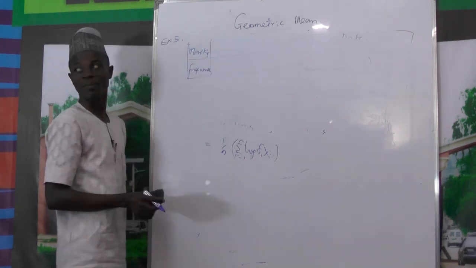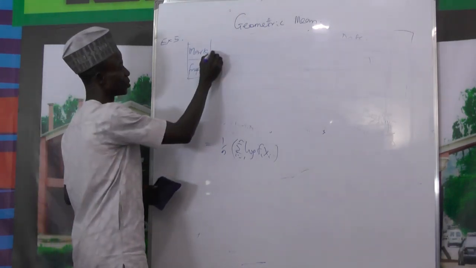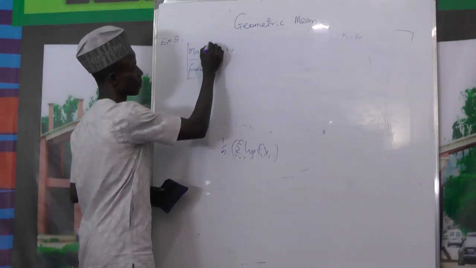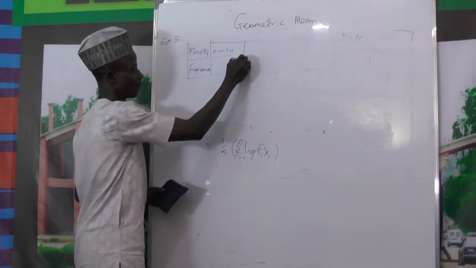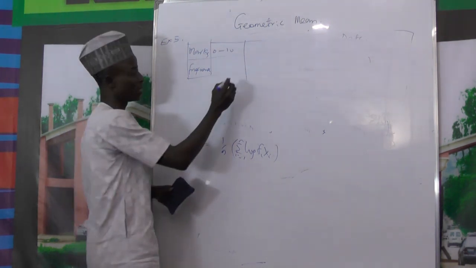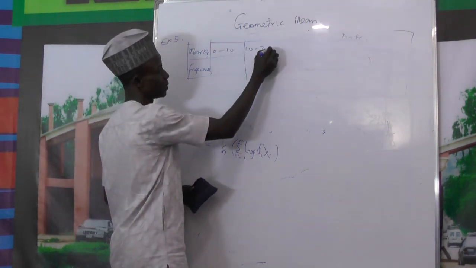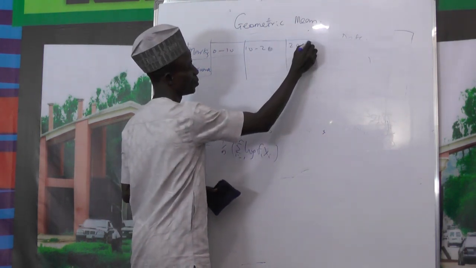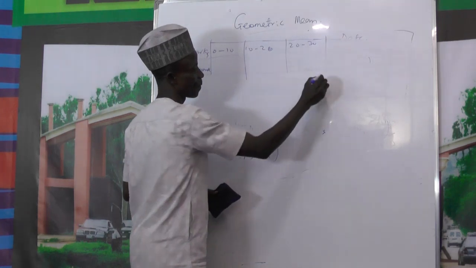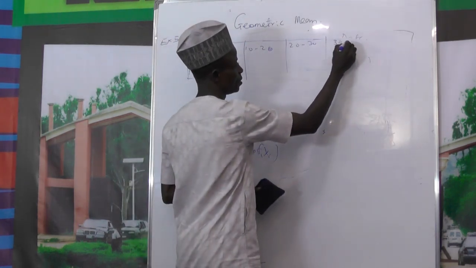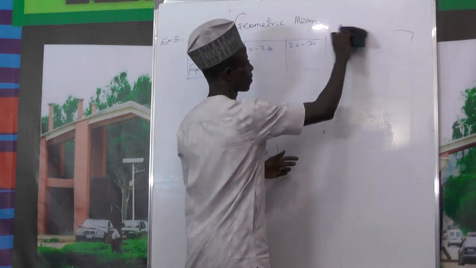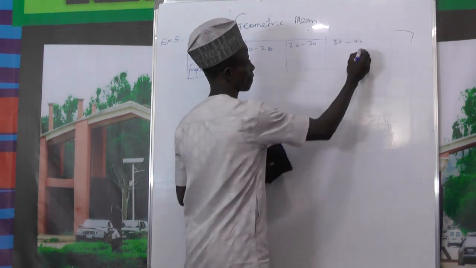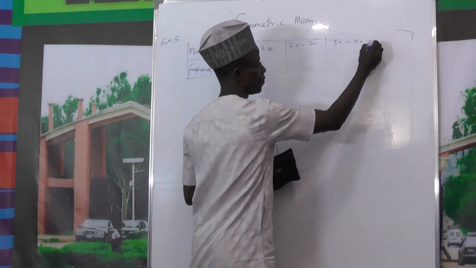So these marks are grouped from 0 to 10. Then we have 10 to 20, 20 to 30, 30 to 40, 40 to 50.